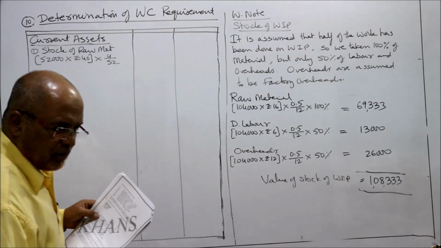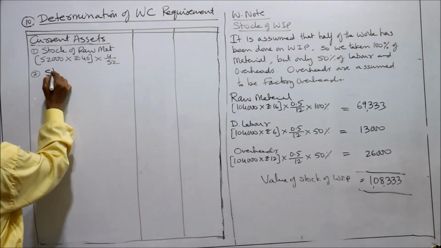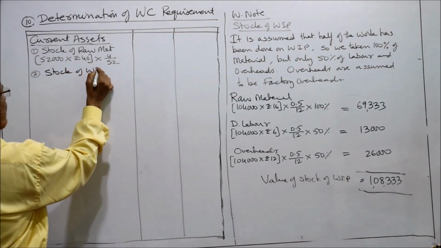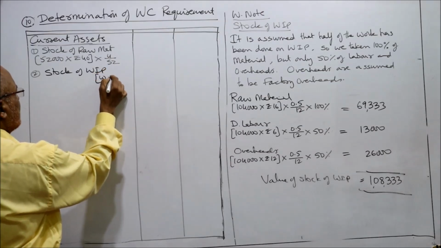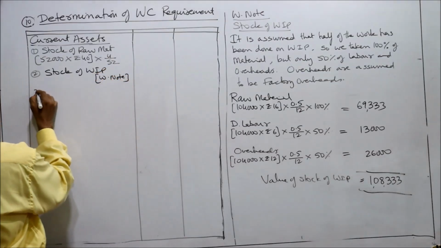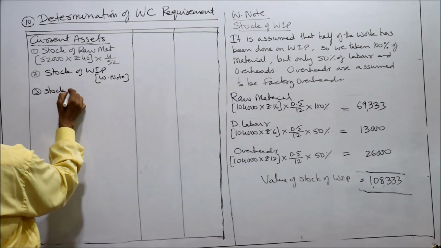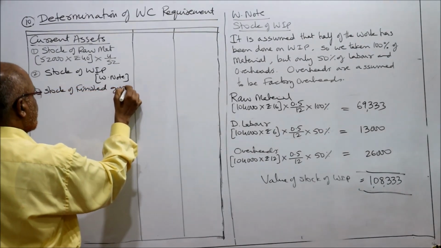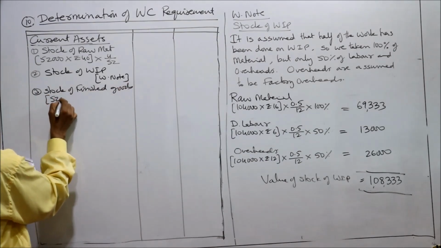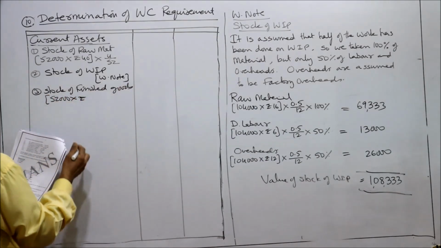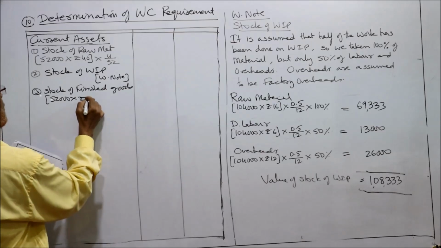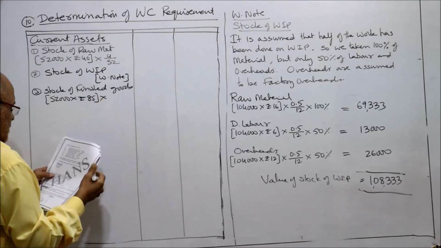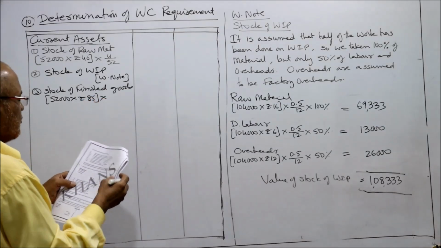Then stock of WIP, we will do it in working note. Third, stock of finished goods, that is 52,000 units into rupees 85. Total cost is 85 into how much time period for finished goods? 1 month.